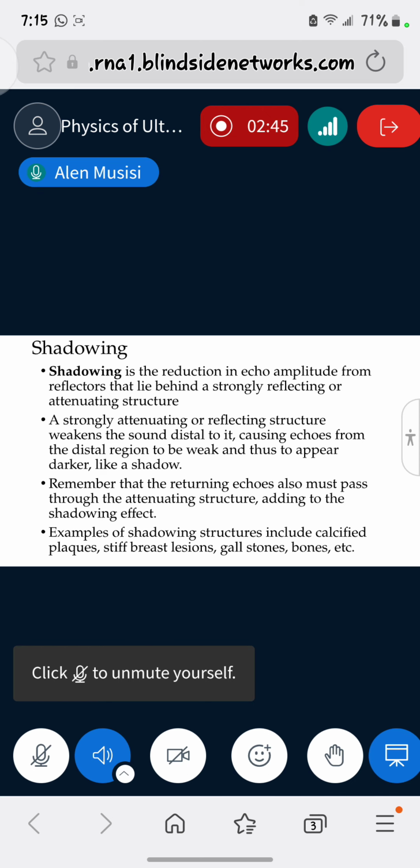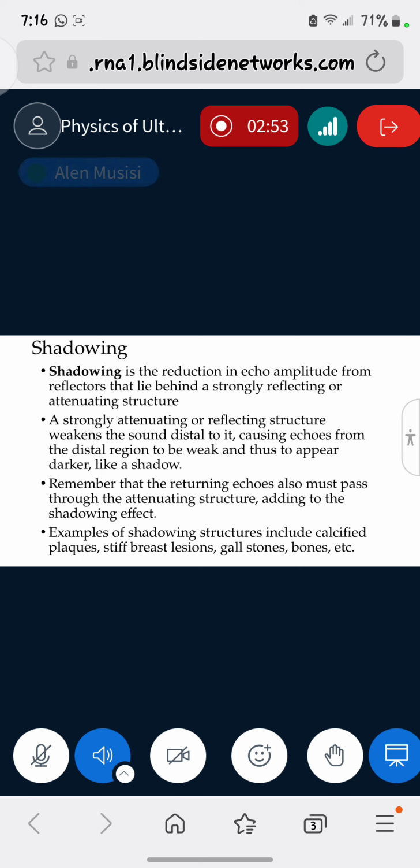So a strongly attenuating or reflecting structure weakens the sound distal to it, causing echoes from the distal region to be weak, or even causing no echoes from the distal regions, and thus to appear dark like a shadow.